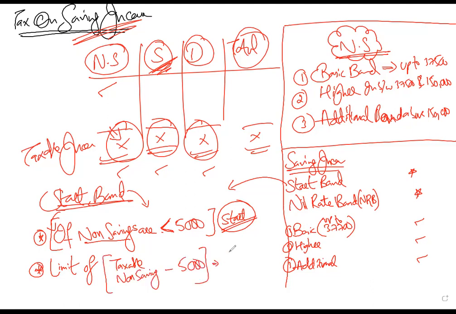This formula will give us the limit of the start band. So the start band arises only if non-savings are less than 5,000, and its limit is calculated as per the formula: taxable non-savings minus £5,000.